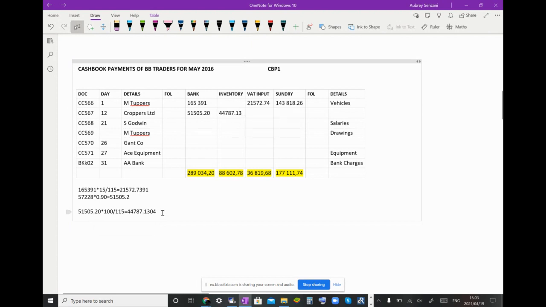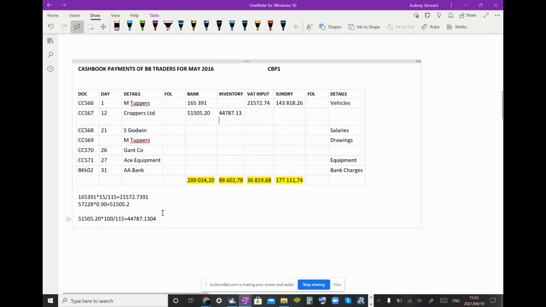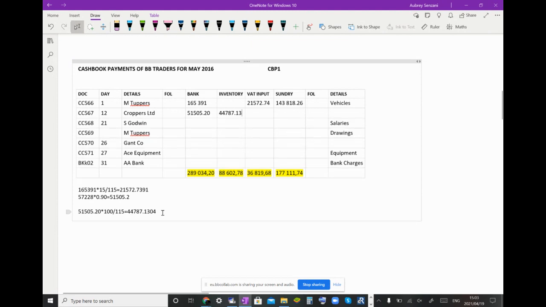Then finally, we need to calculate the VAT amount. So again, we can just calculate the difference between the two, or we can actually literally do the calculation. What we want is 15. What we have is the VAT inclusive amount times the 57,000. Or you can even use the VAT exclusive amount. You say 15 divided by 100 times the 51,000.